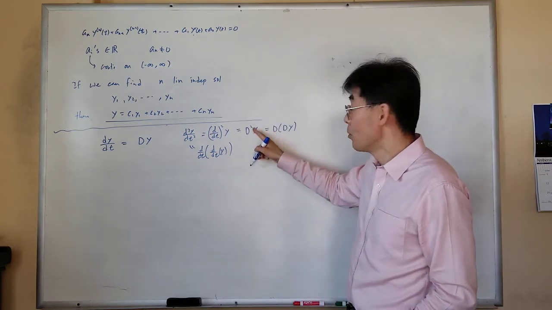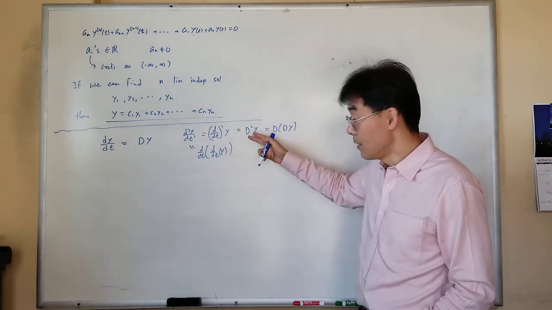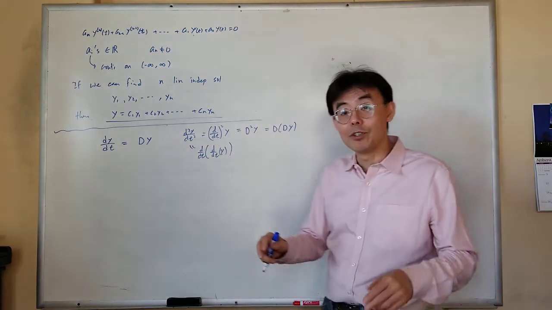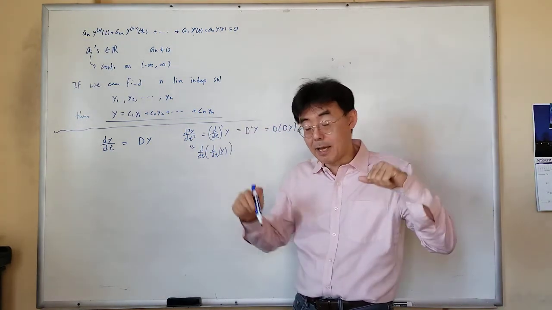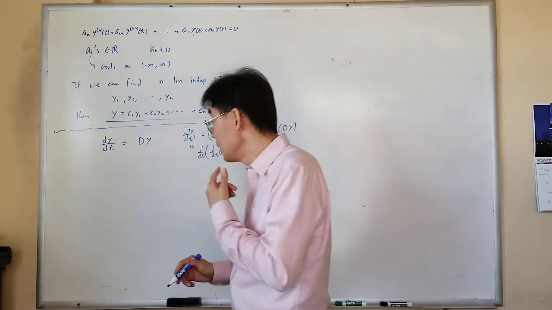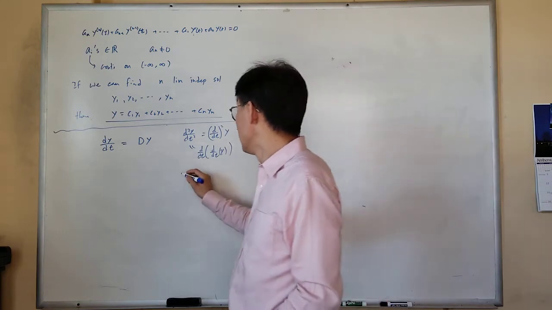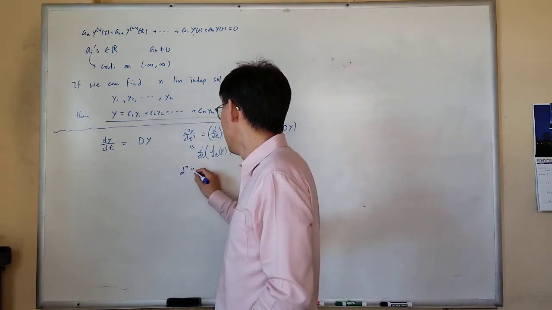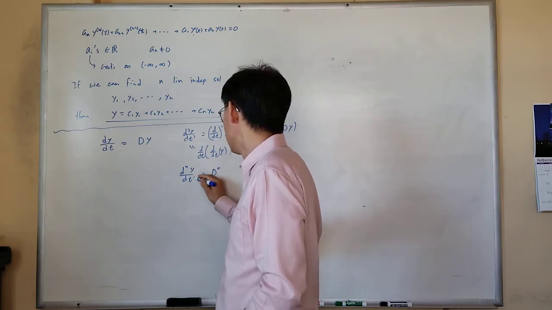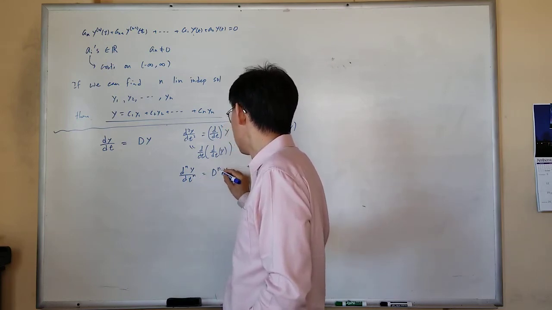We use this exponent notation, even though it's not multiplying. It's repeated application of that differentiation operator. Okay? So then the nth order derivative will be written this way. All right?